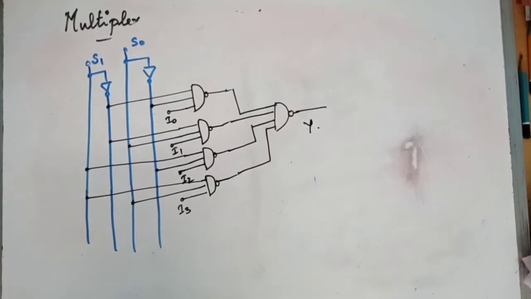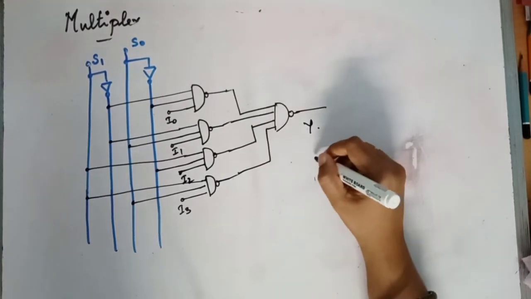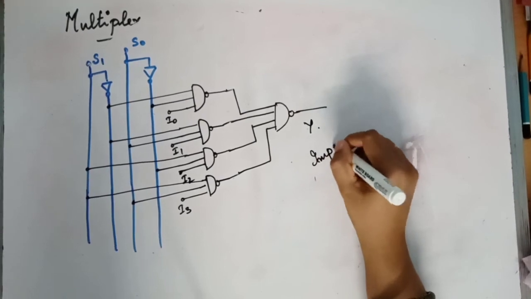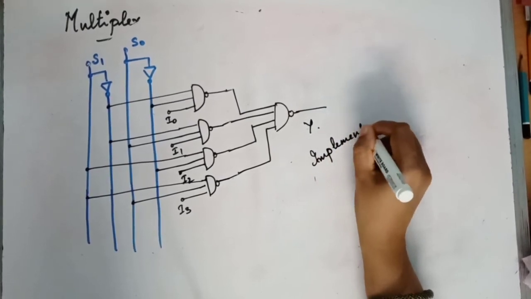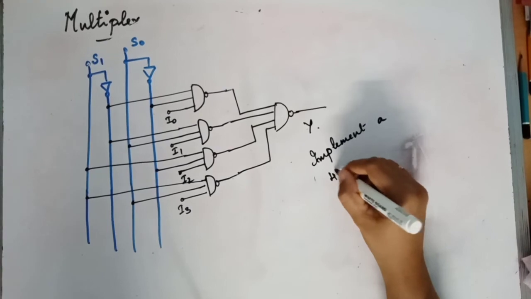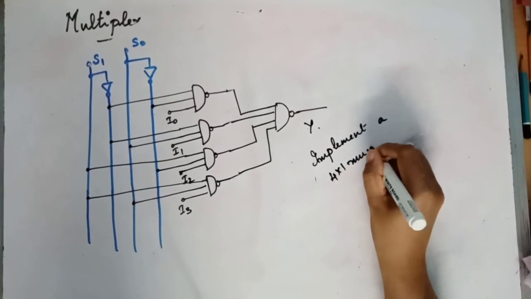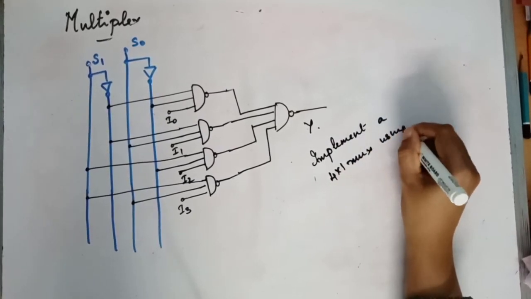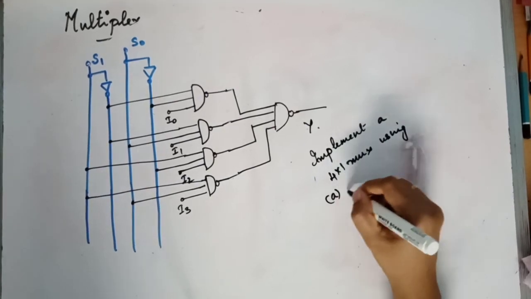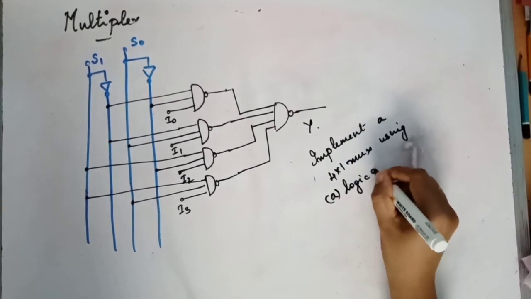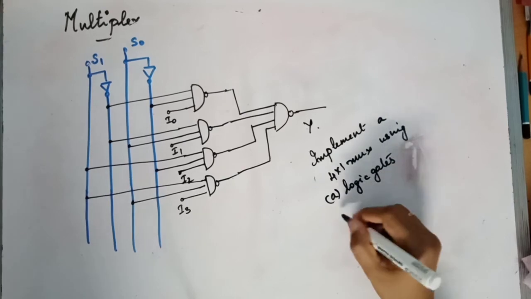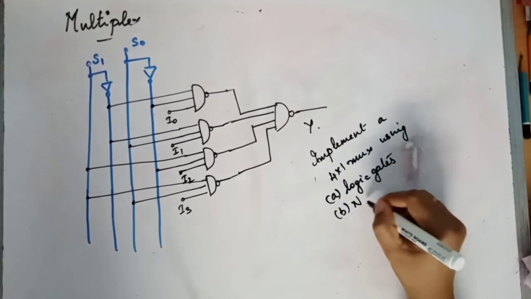So this is a multiplexer. You can do it anyways. Likewise, you can do 8 by 1 mux, 16 by 1 mux, any mux. So what we did was implement a 4 by 1 mux, first using logic gates and second using NAND only.